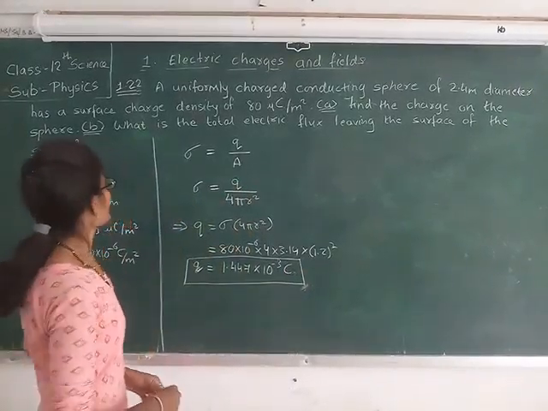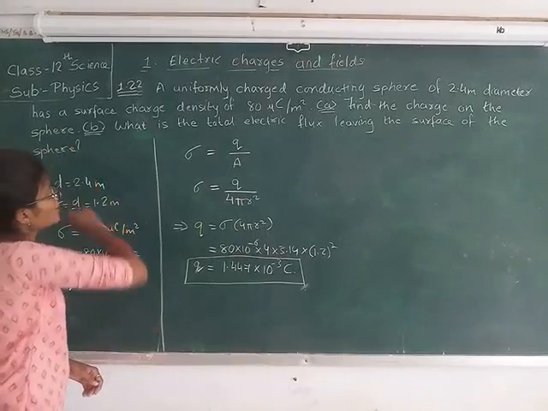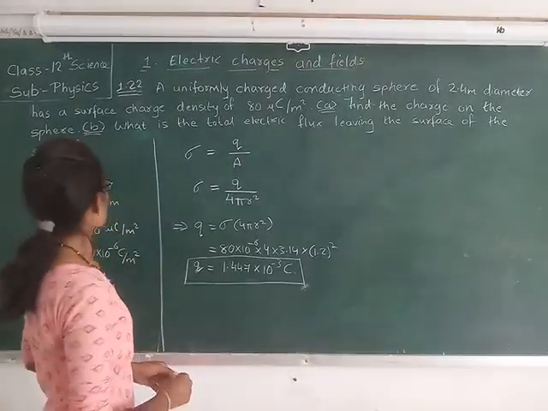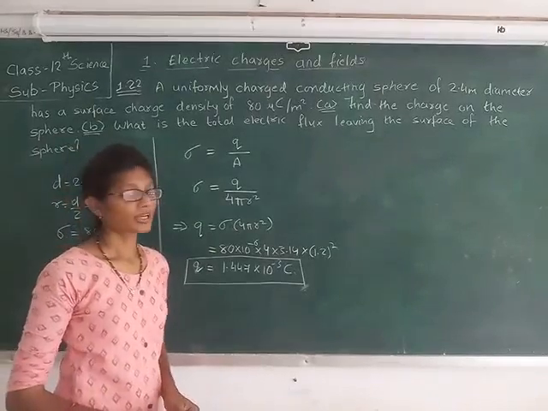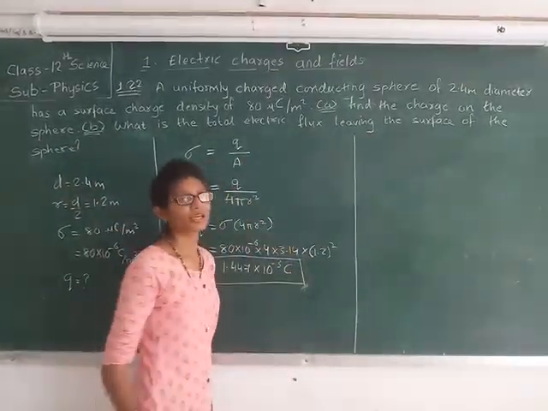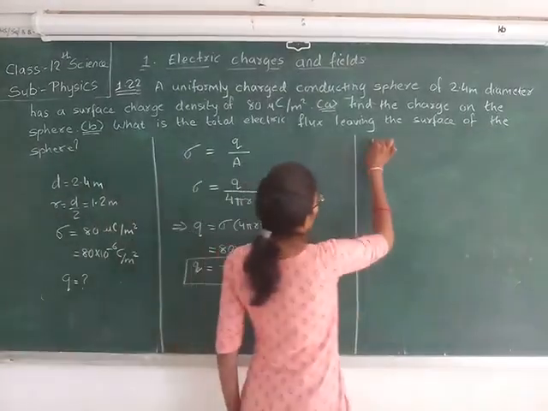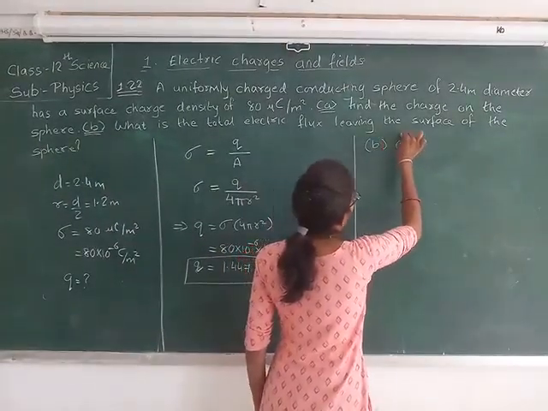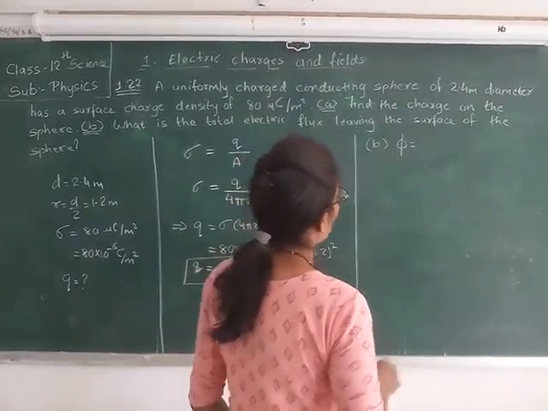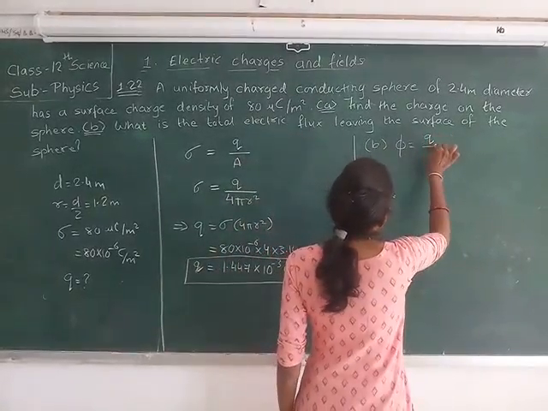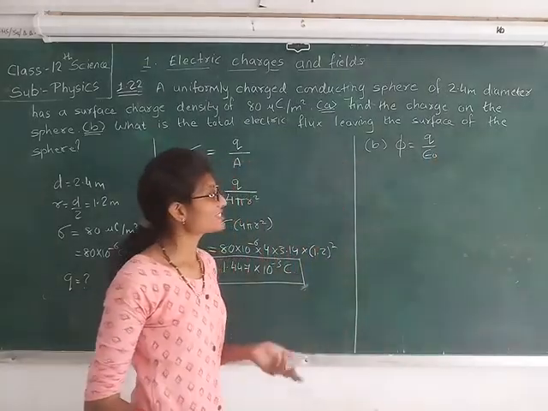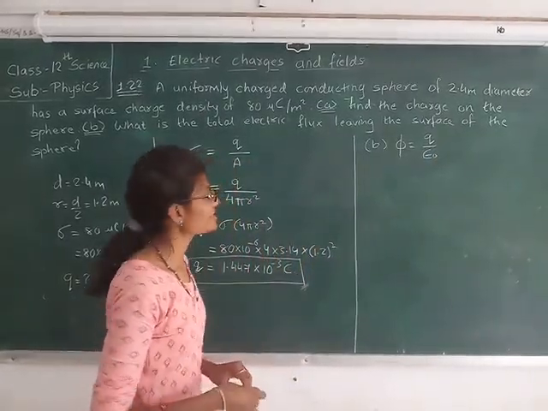Now the second part, that is the b part. What is the total electric flux leaving the surface of the sphere? That means we need to find the flux passing through the sphere. So flux phi is equal to Q upon epsilon 0, where Q is the charge enclosed by the sphere.